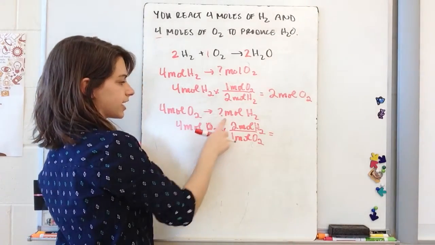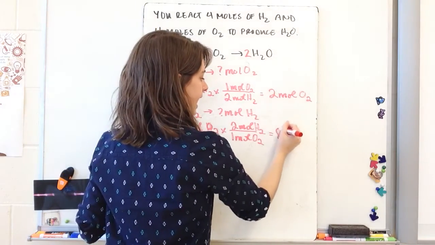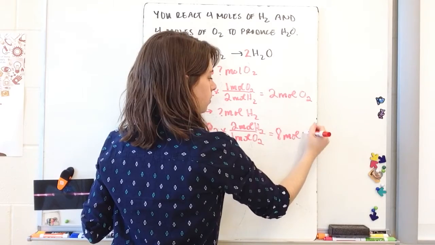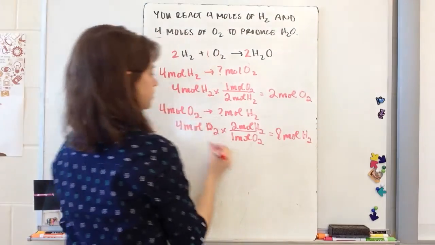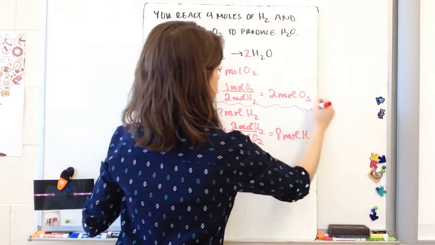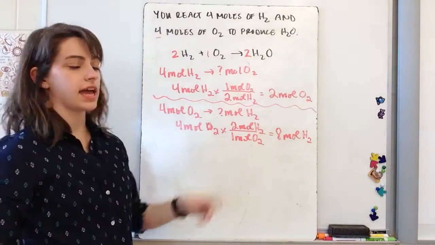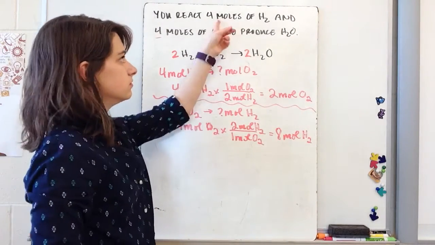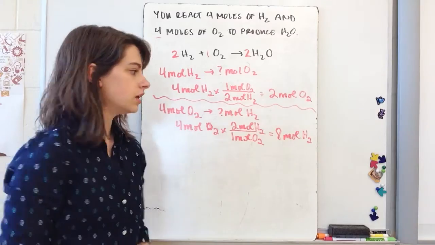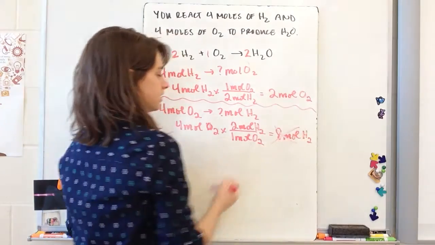So if I do 4 times 2 divided by 1, I need 8 moles of hydrogen. Now, do I have 8 moles of hydrogen? No, I only have 4. So this is not possible.